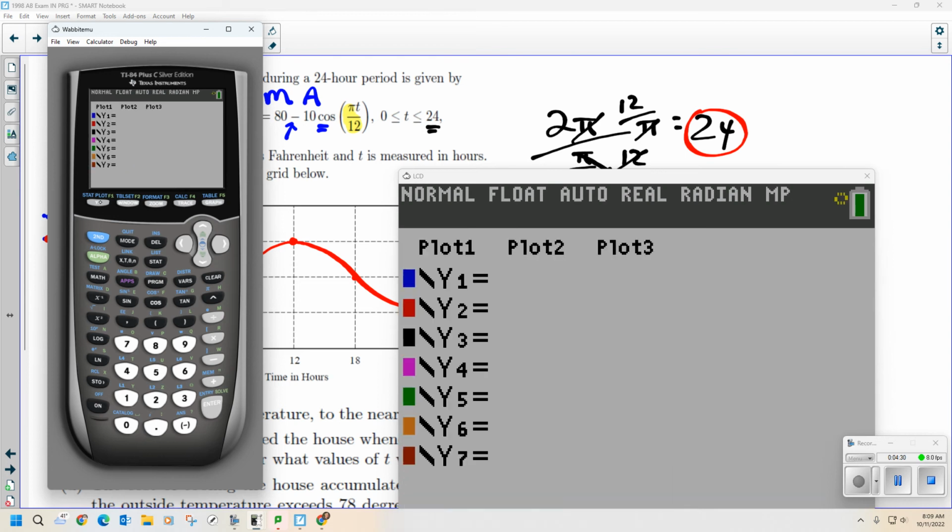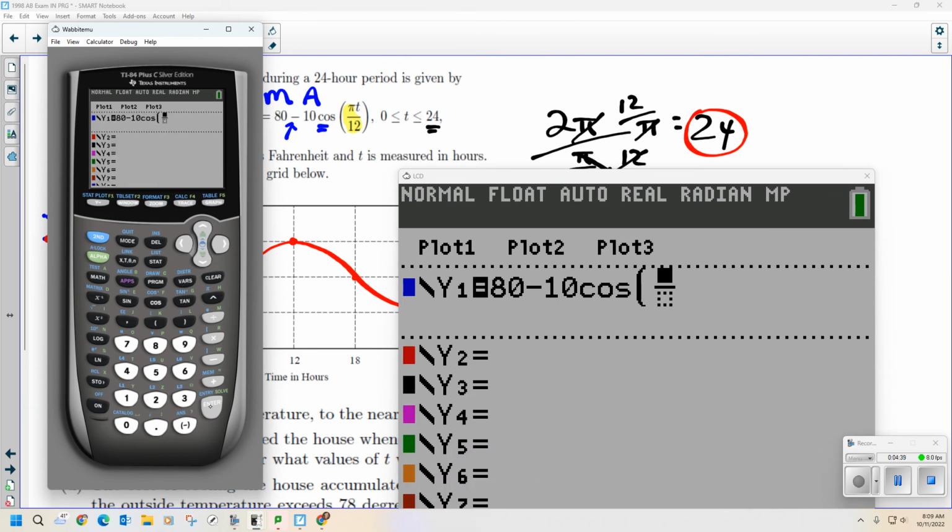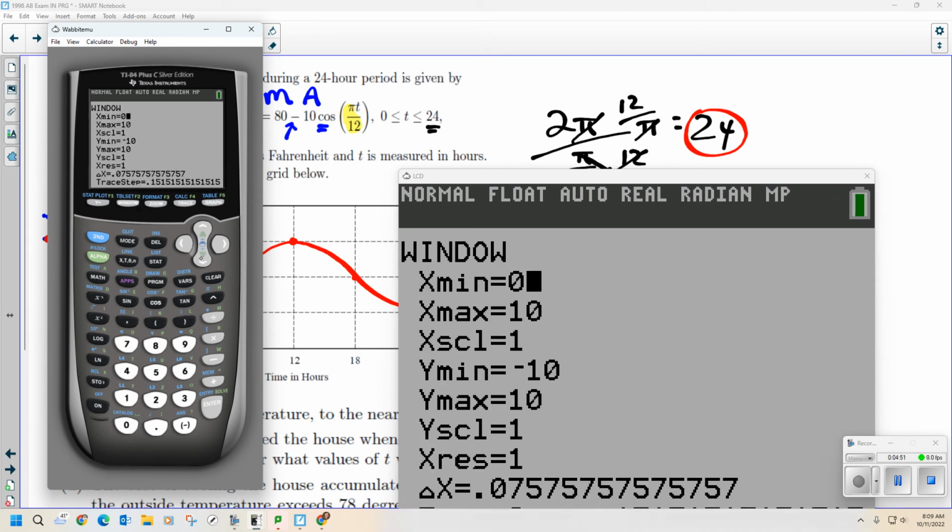So we're going to go to y equals. I'm going to put 80 minus 10 cosine, then pi times my variable x over 12. Now, my window: I only want from 0 to 24 for my variable.